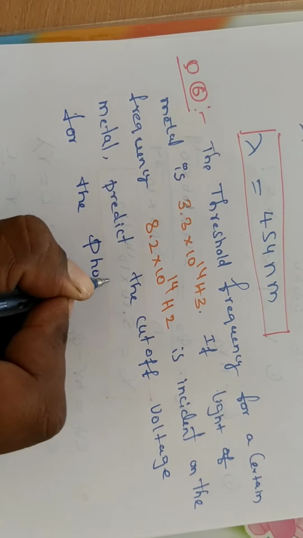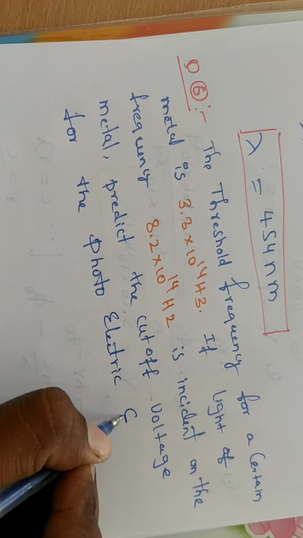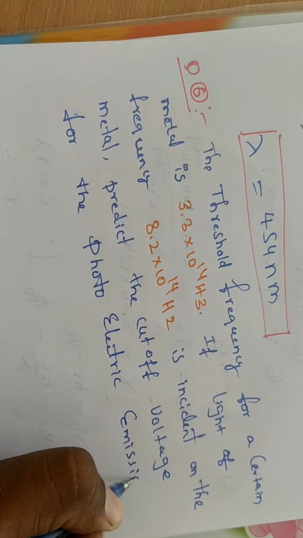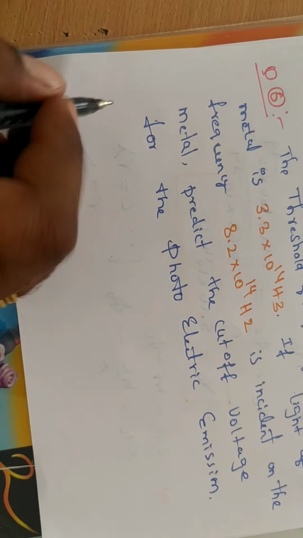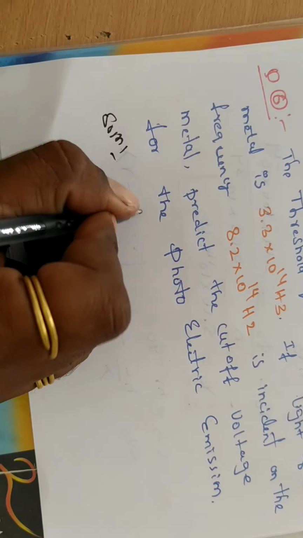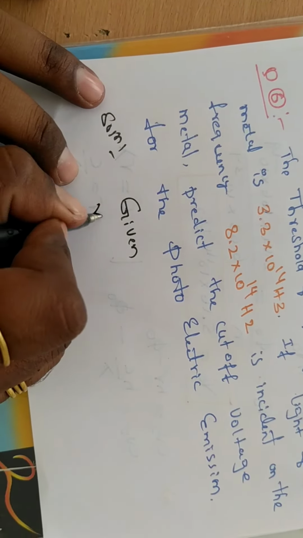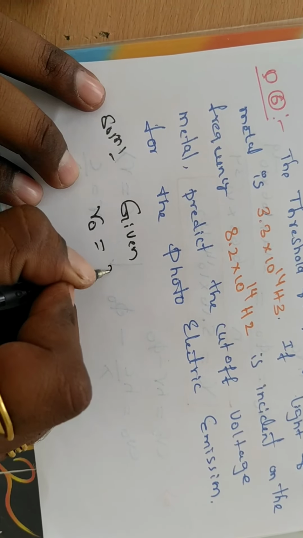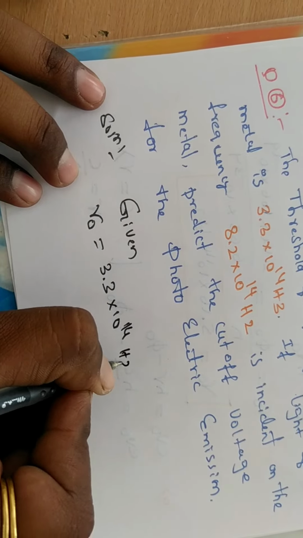For the photoelectric emission, write as given data. Solution: given threshold frequency nu naught is equal to 3.3 into 10 to the power of 14 hertz. This one is the threshold frequency.